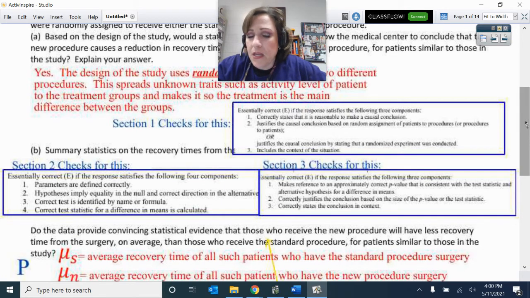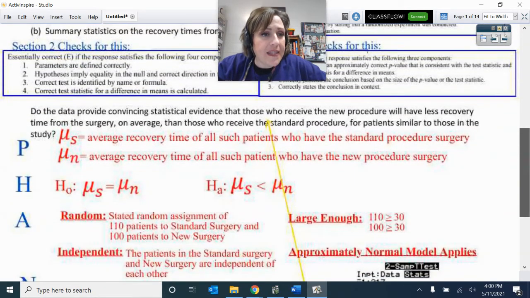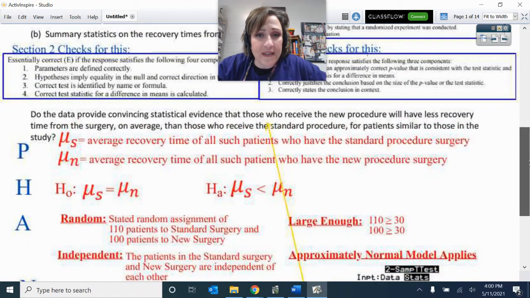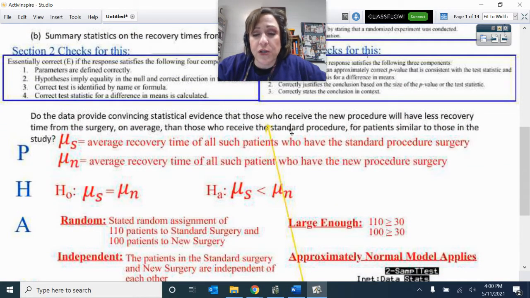Okay. All right, next. Then they ask you, does this provide convincing statistical evidence that those who receive, I've hidden it here because I had to put the grading guidelines there, but they gave a table of data. And so, again, that's hidden, but you have that on your original. Does that provide convincing statistical evidence that those who receive the new procedure have less recovery time from the surgery on average?